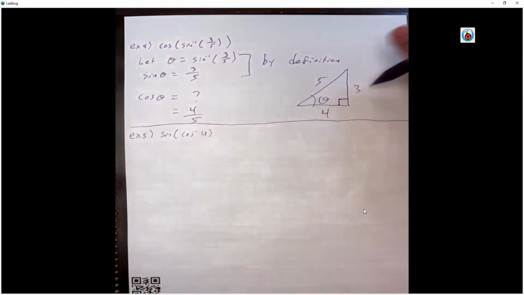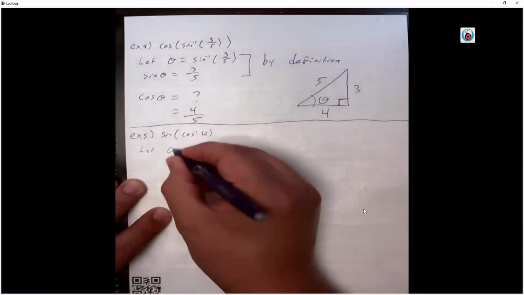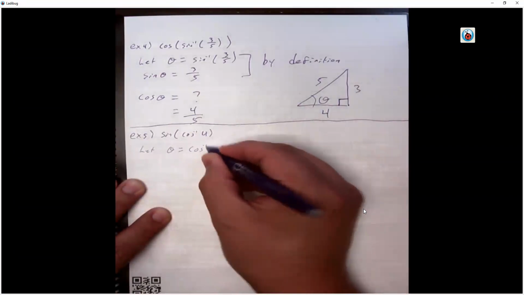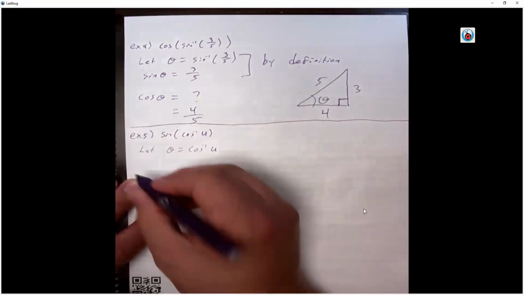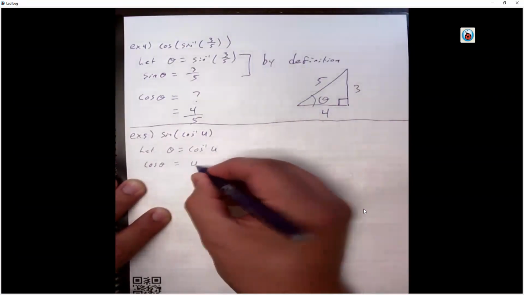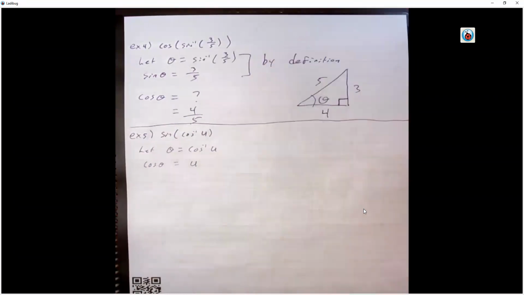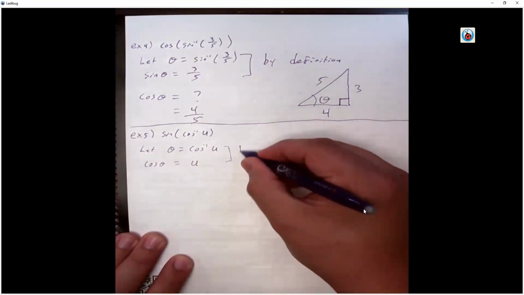Have to build your triangle. So let theta equal cosine inverse of u. Use your definition. That means that cosine theta is equal to u. There exists a theta that will make cosine equal to u. My definition.